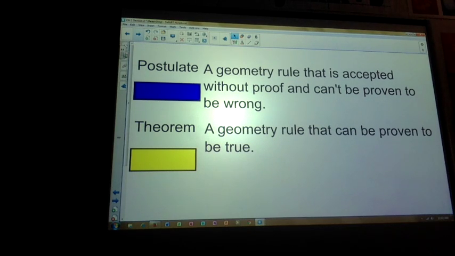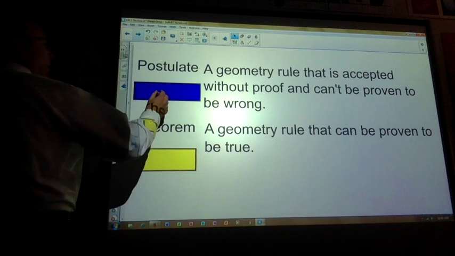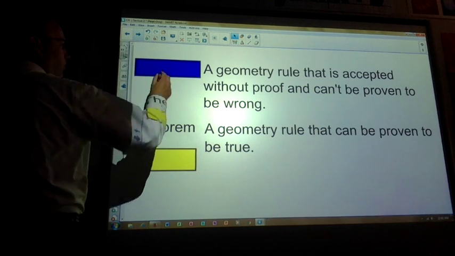You're going to use rules and postulates to justify why something takes place and why something doesn't. So pay attention to your rules and postulates, and we'll make sure we highlight them.